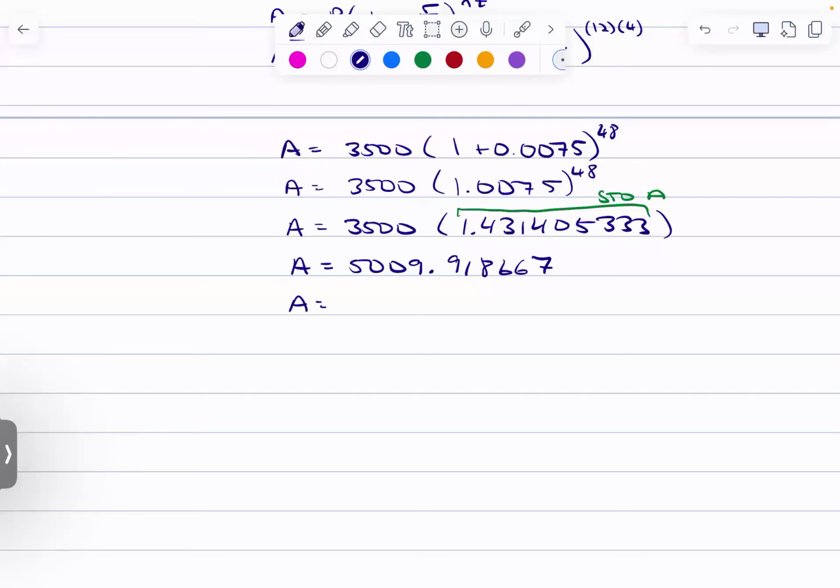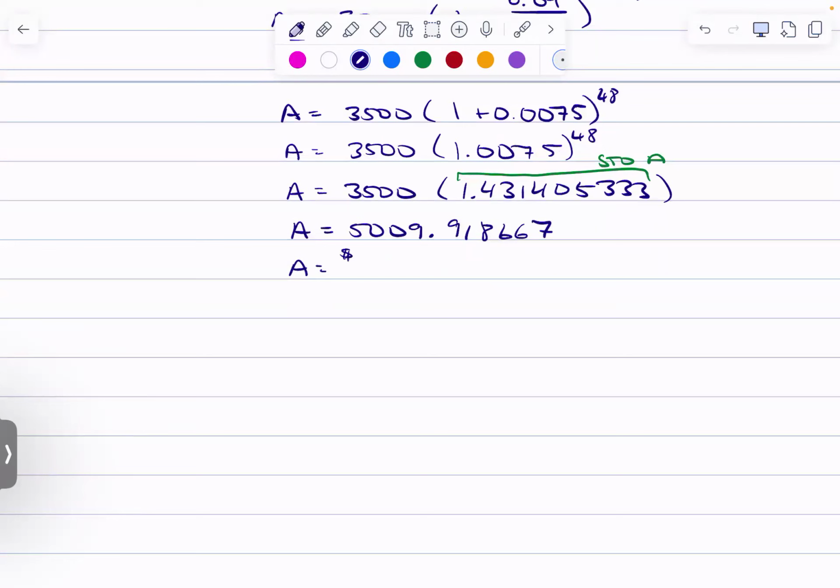So your final answer is 5,009 and 92 pennies. Money rounds to 2 decimal places.